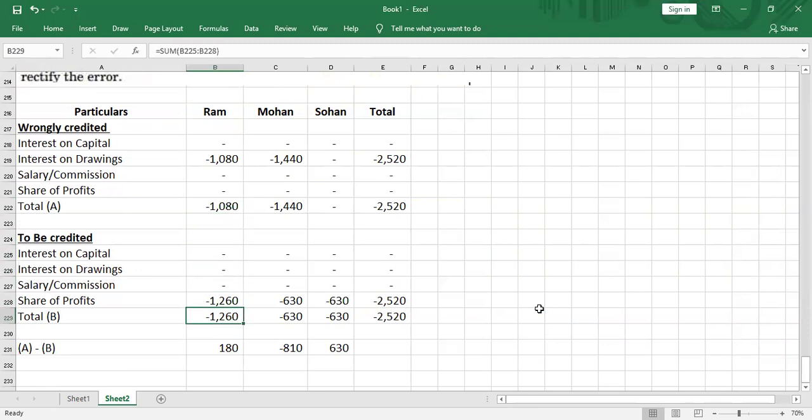He's supposed to be credited in the negative. Everything is in the negative. 1260 rupees. If wrongly credited, minus to be credited is a positive number, and that fellow has to be debited.